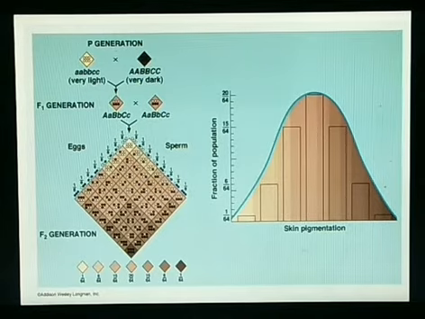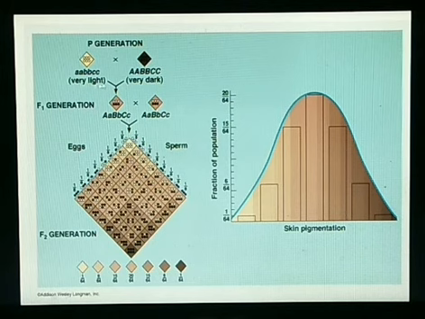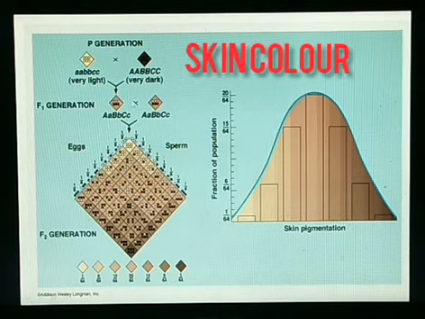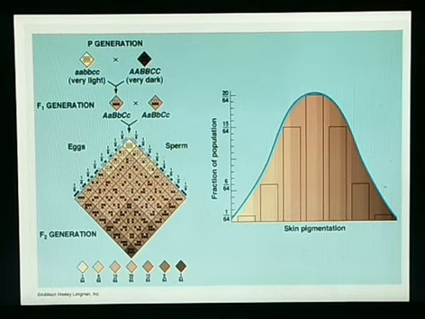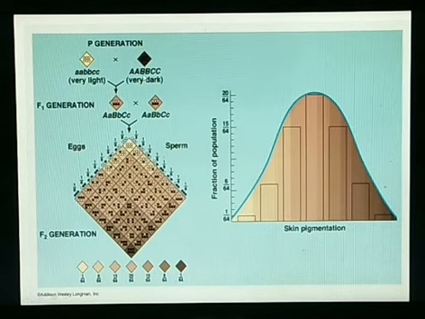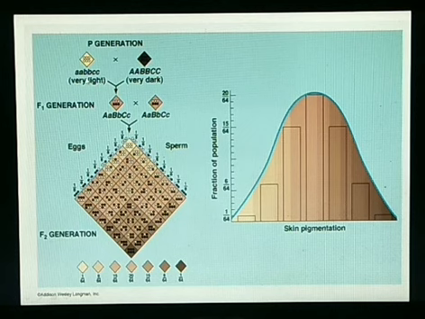Let us assume that there are three genes A, B and C that control skin color in humans. The dominant forms are capital A, capital B, capital C for dark skin, and recessive forms are small a, small b and small c for fair skin.